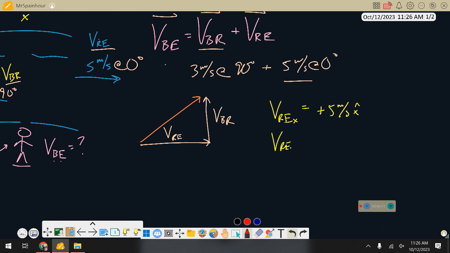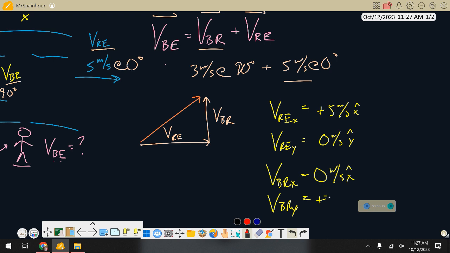Velocity of river on the Earth compared to the y is equal to 0. It's not moving in the y at all. And velocity of boat compared to river in the x is also 0, since it's not moving in the x. And velocity of boat compared to river in the y, it's all in the y, so it should be positive 3 meters per second y hat.